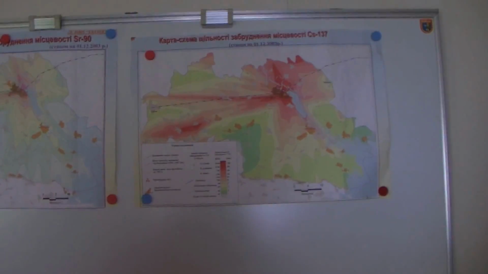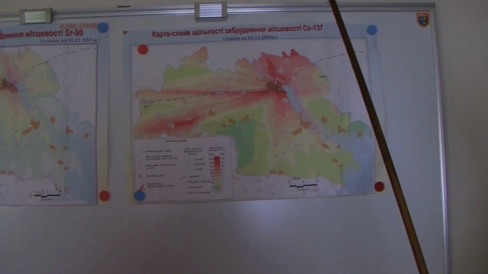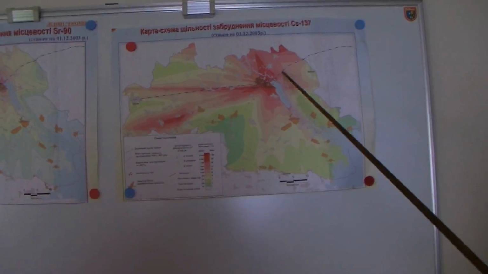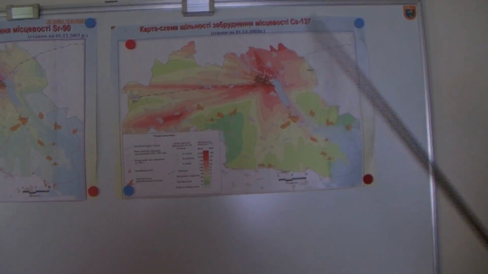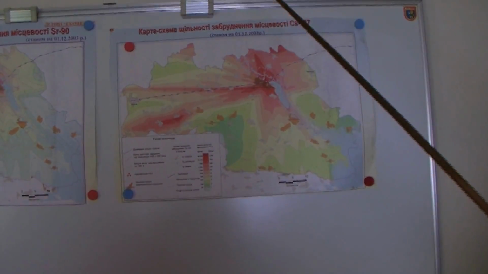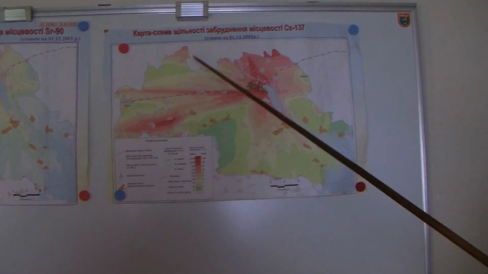So that was at night. In the morning, the wind started blowing to the north, and the so-called northern trace of radiation appeared, which contaminated the northern part of the Chernobyl exclusion zone and Belarus. This is the border of Belarus.